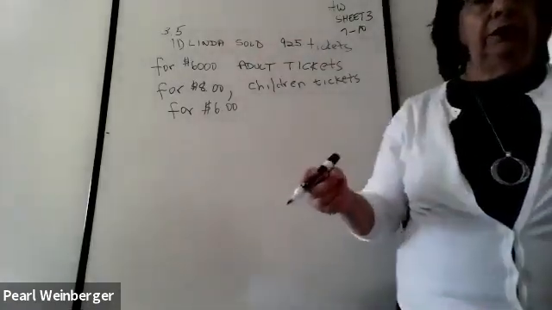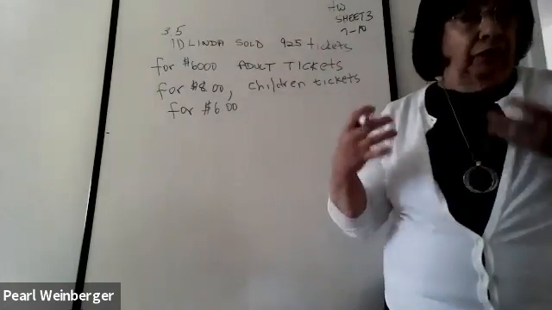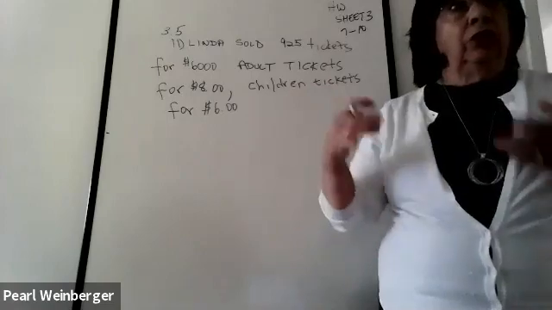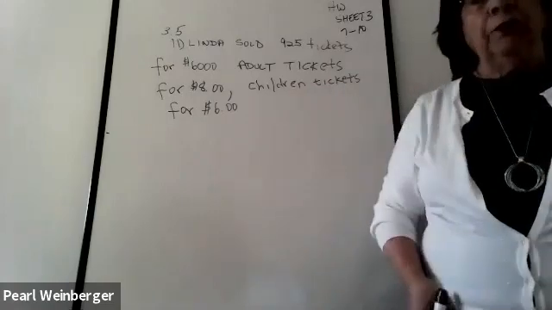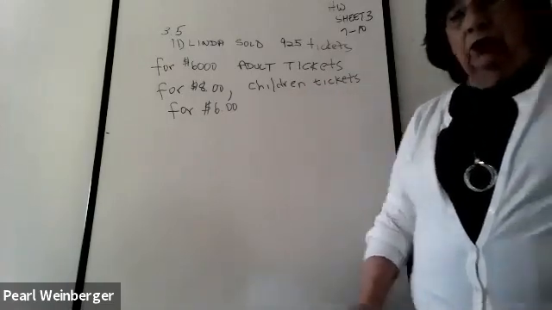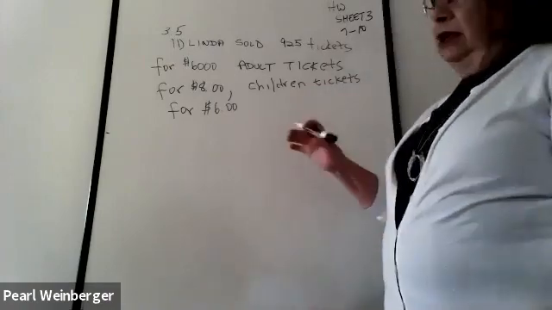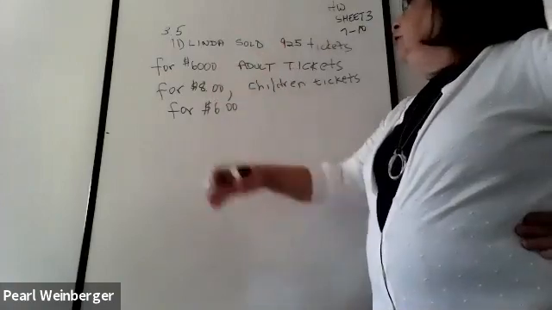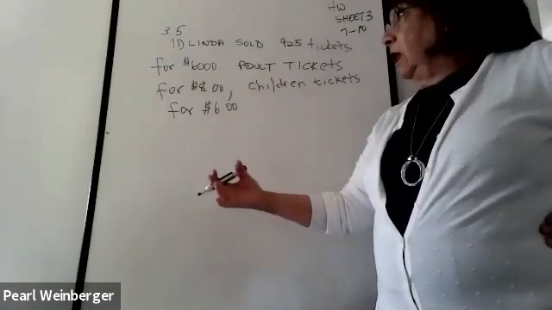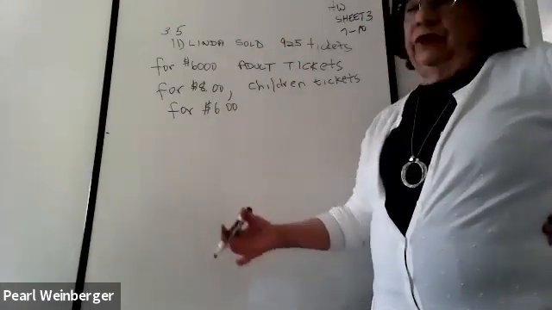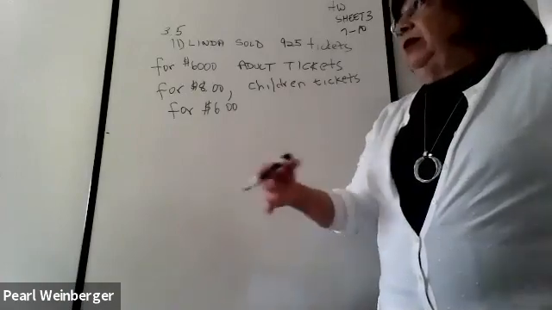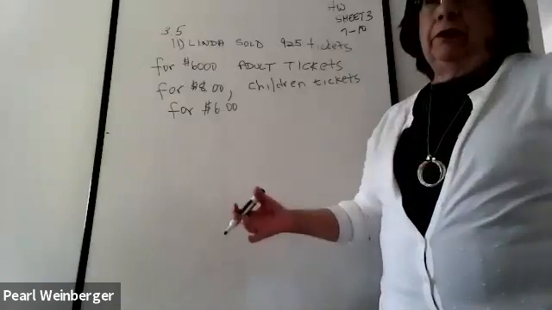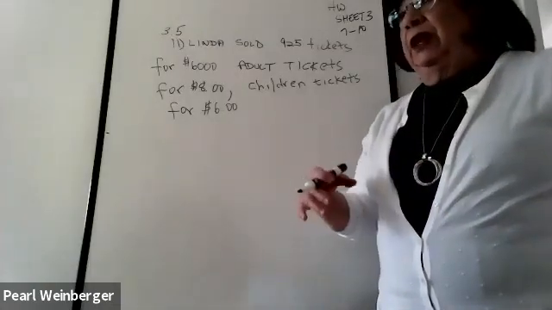And again, here is a situation where we have two types of things, and we want to know how many of each type we are going to be getting. And this could be tickets for any kind of affair, not just tickets for something.